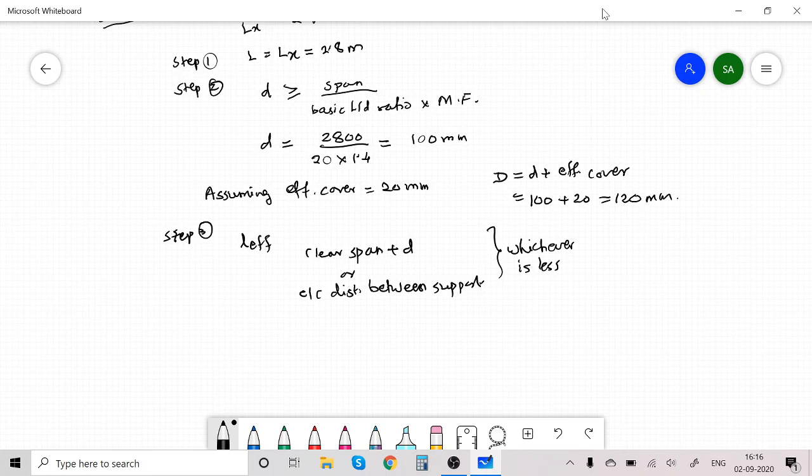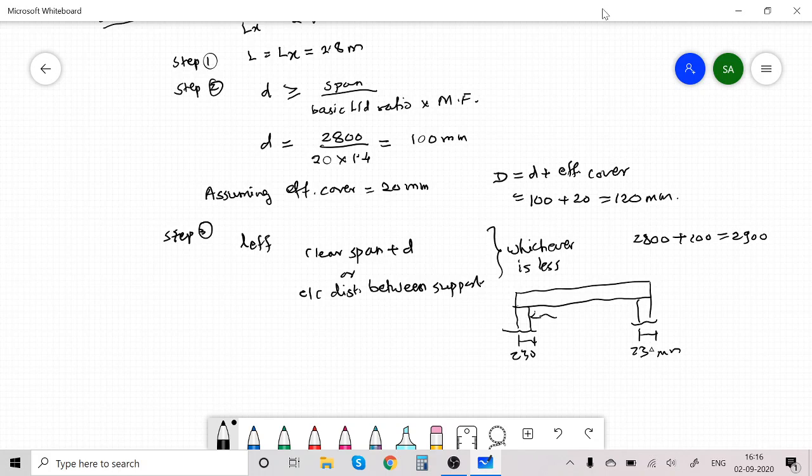Now clear span is 2800 plus d 100, that is 2900, and now the slab is supported on 230 mm wide beams. So this is 230 mm on both the sides, the width of the support.